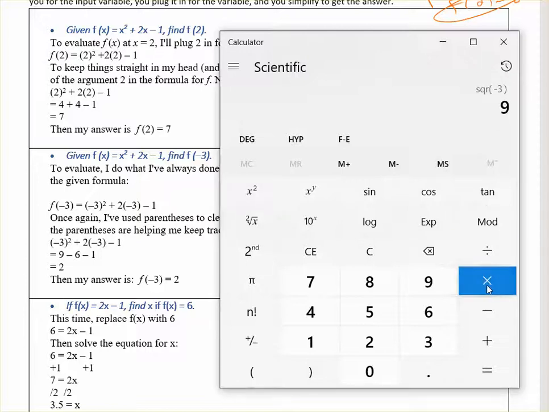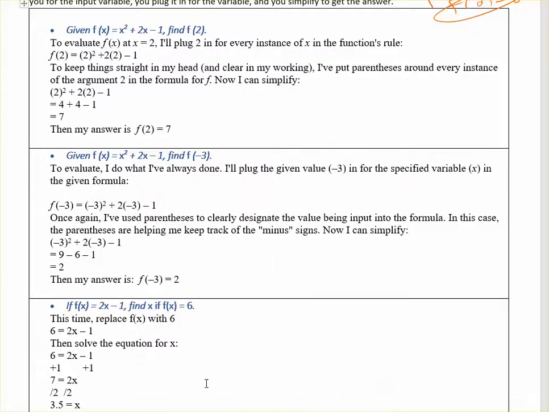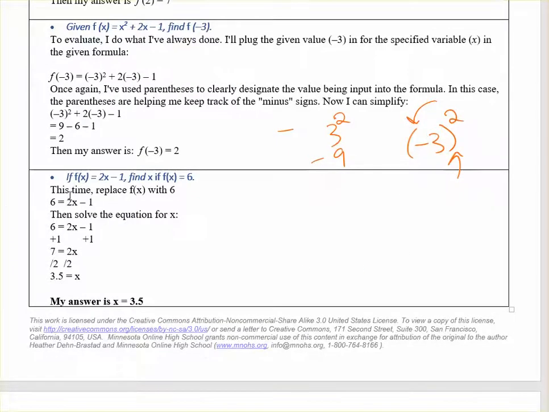But some calculators will think that you mean negative and then 3 squared, which would be negative 9. So make sure that your calculator is computing this correctly. Many calculators need the parentheses around your negative before you square it, and there should be parentheses on your calculator.